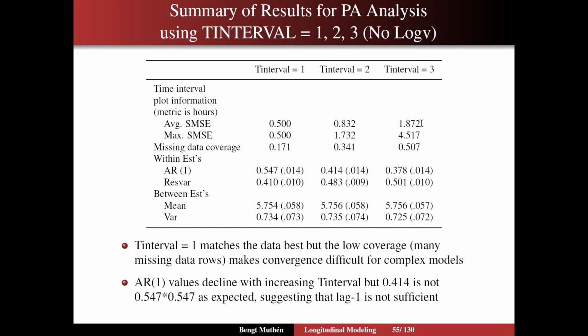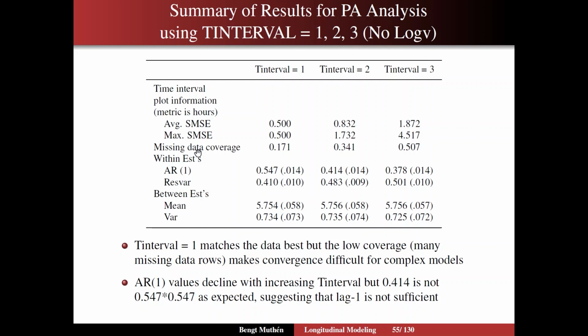Whether that's seriously important in applications or not depends on the substance of the analysis. You can also look at the maximum discrepancy for any one person at any one time point, and the maximum is 4.5 here. I think we print an error message if it's over some much larger value than that. I can't remember which value.